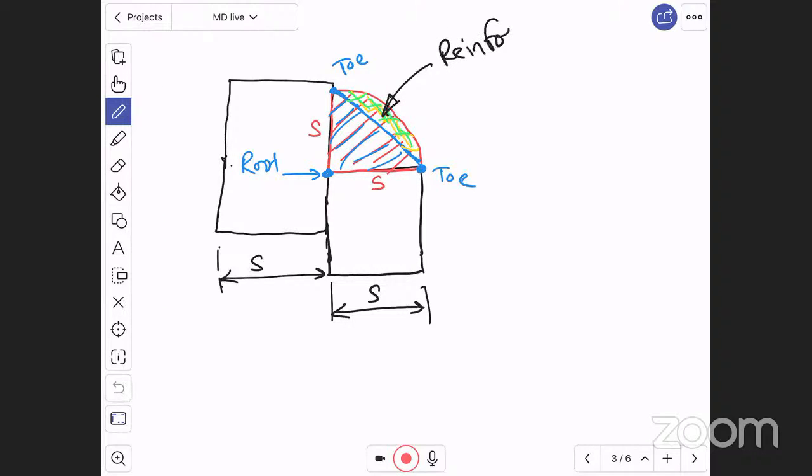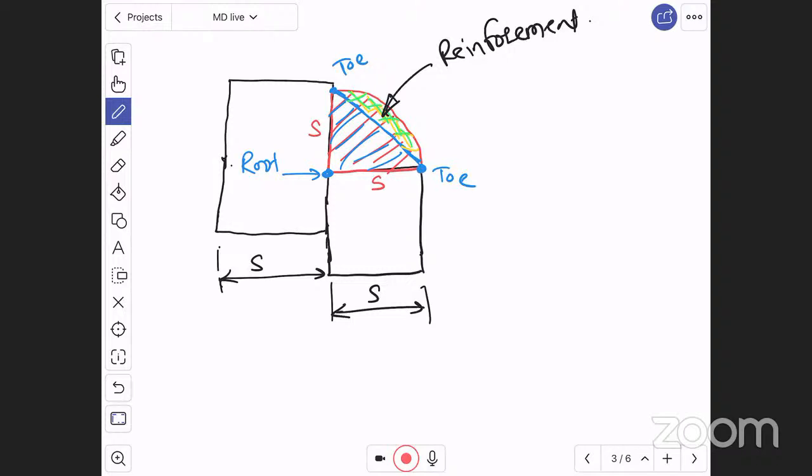Therefore, reinforcement is not considered in design. Remember, my dear students, reinforcement is never considered in the design because it is a human error. Later we remove this reinforcement with the help of a grinder.